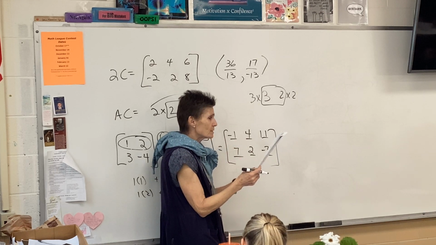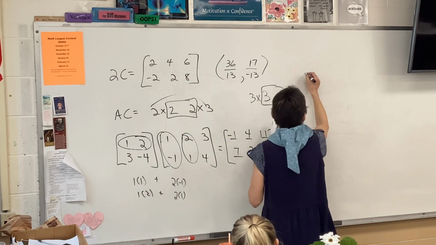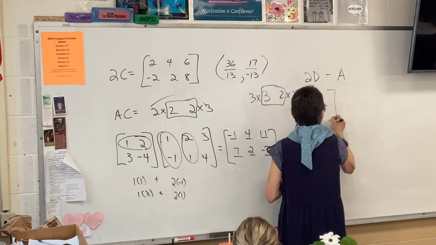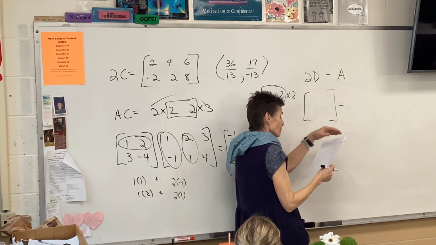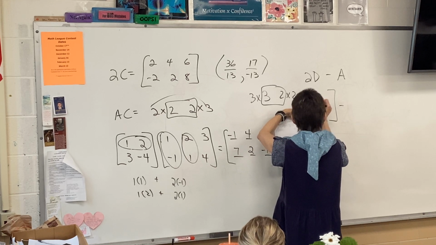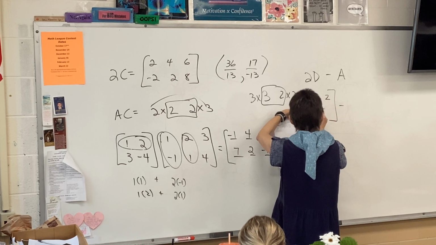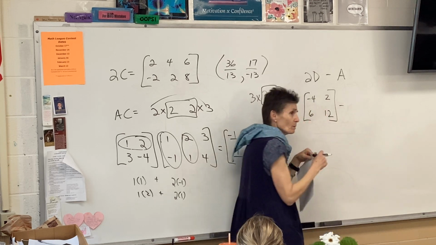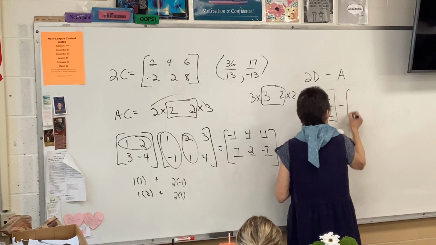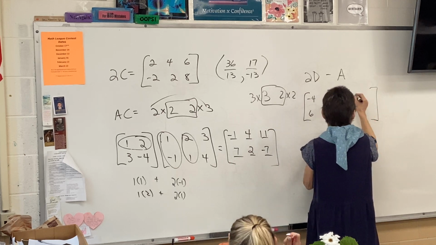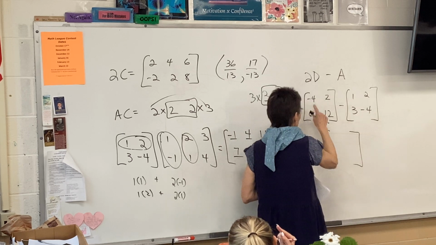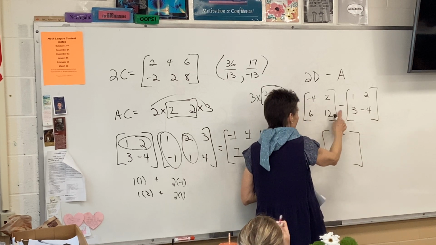What about 2D minus A? Yeah. I think we can do that. What is 2D? 2D would be negative 4, 2, 6, 12. Is everybody with me? 2D. Now we're gonna subtract A, and we do that entry by entry. So negative 4 minus 1.